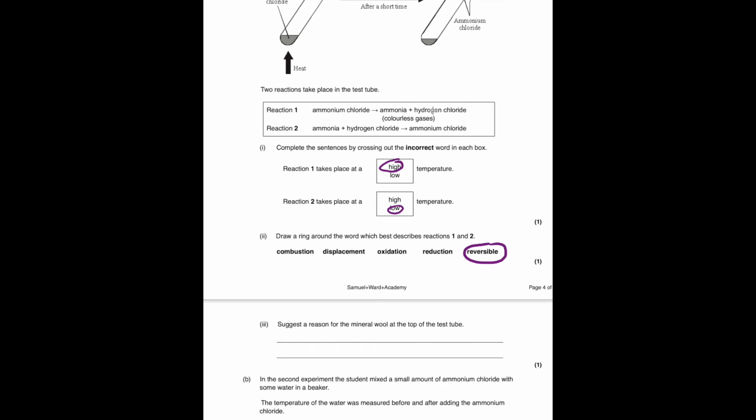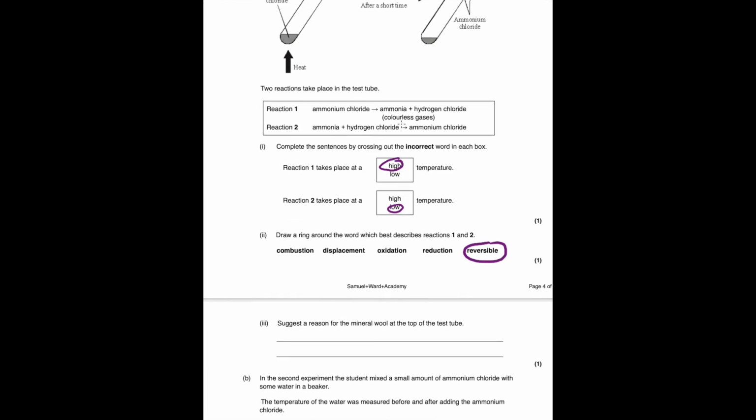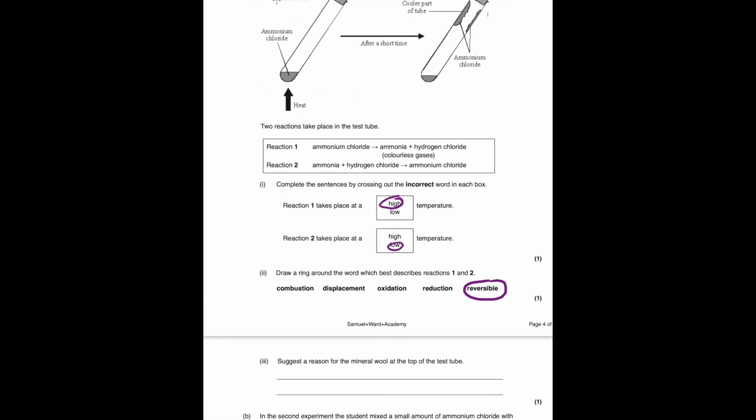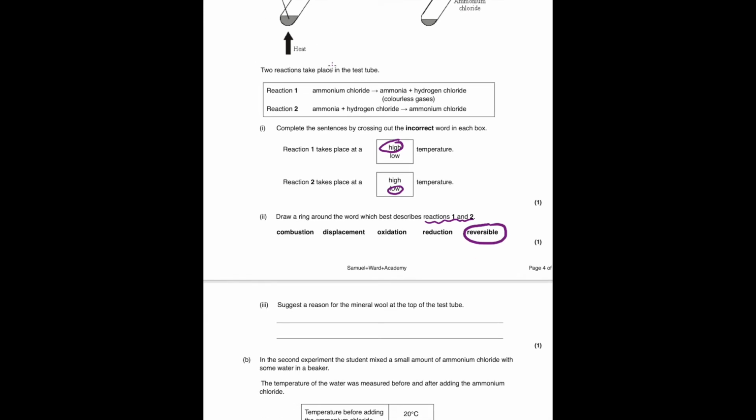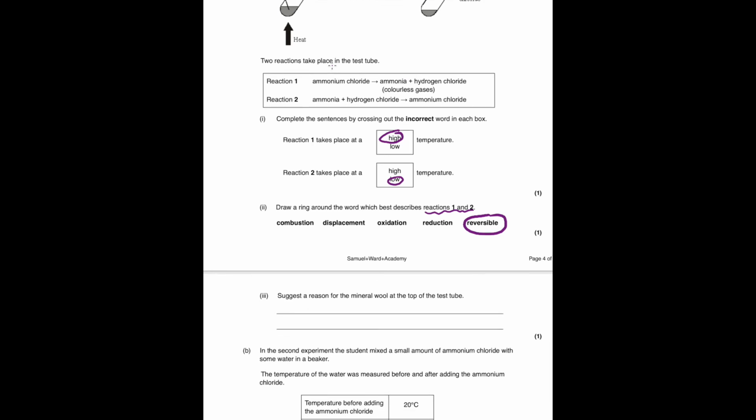One's going in one direction and one's going in the opposite direction. So we have said that this is a thermal decomposition reaction, but if we're talking about both of those reactions, then we need to be thinking about both stages combined, and the only word to describe both of them together is reversible.